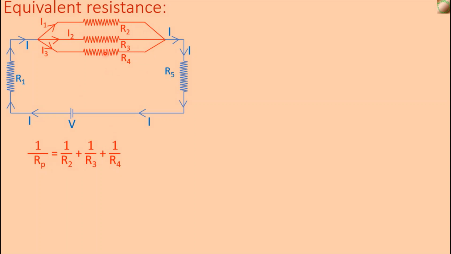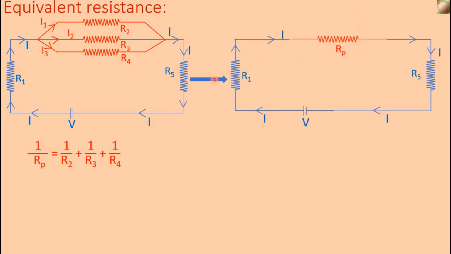Therefore their equivalent resistance Rp can be determined by this equation. Now our new circuit is this circuit. Here R1 will remain same, R5 remains same.